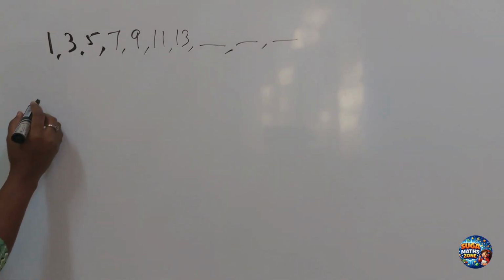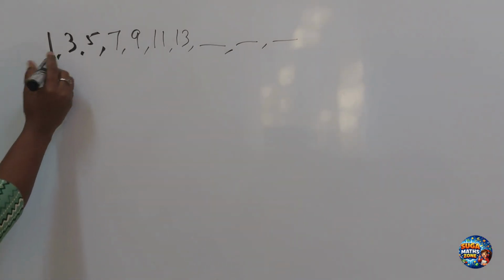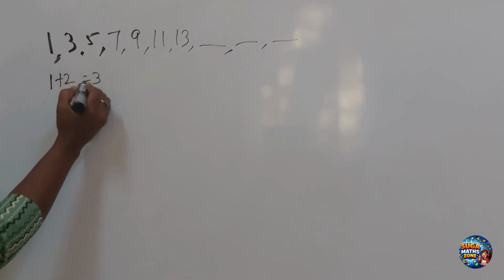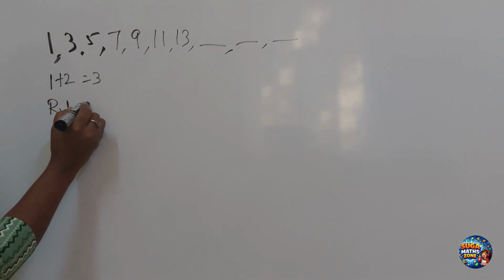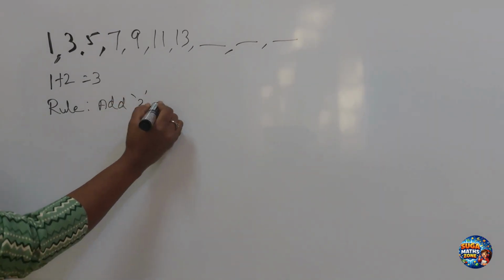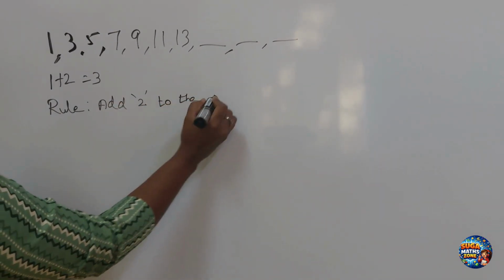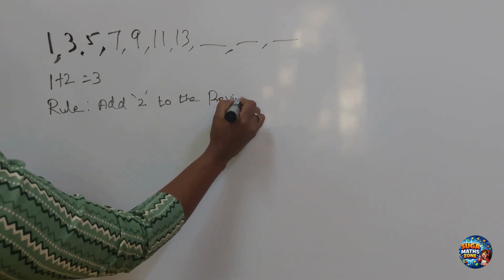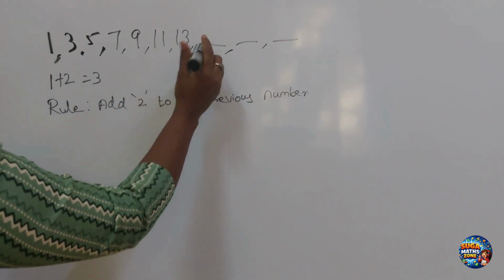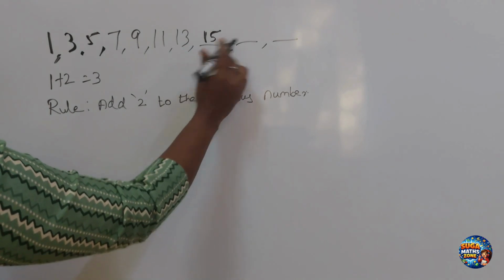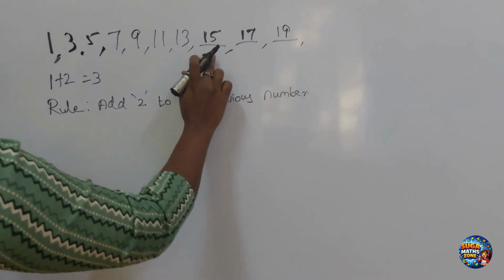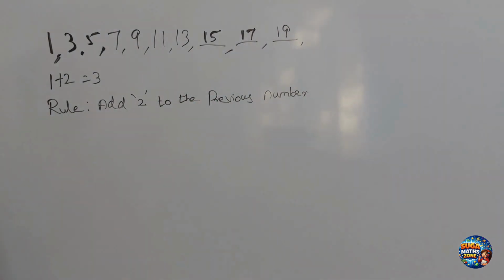Here the rule is adding 2 to the previous number to get the next number. 1 plus 2 equals 3. The rule is add 2 to the previous number. So 13 plus 2 is 15, 15 plus 2 is 17, 17 plus 2 is 19. The next 3 numbers are 15, 17, 19.